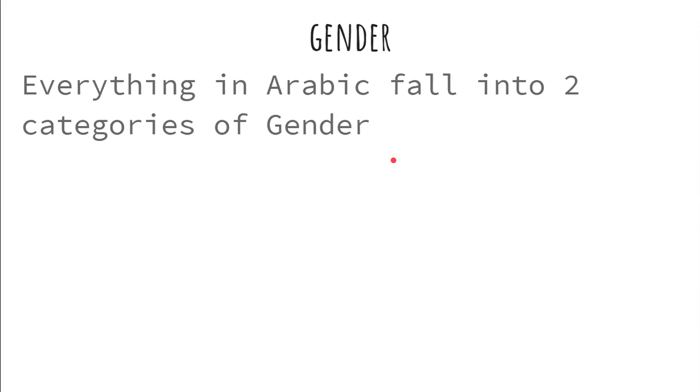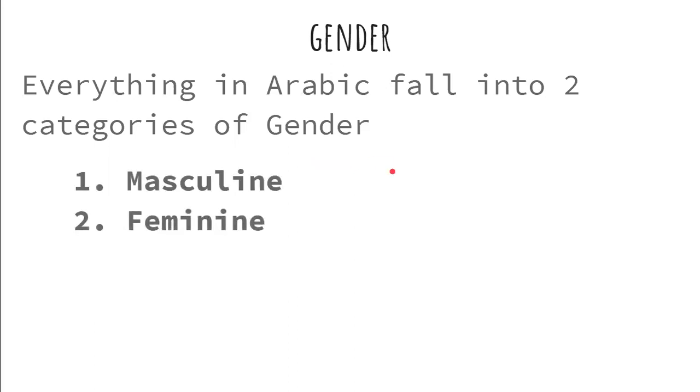Every ism consists of things also, like a pen, a book, a house, and so many things. And also ideas. Islam is an idea, education is an idea. So ism is so many things. It's not just male and female, but still they categorize every ism into two categories. There is no third category. It's either masculine or feminine.